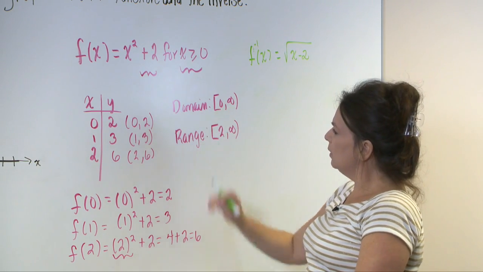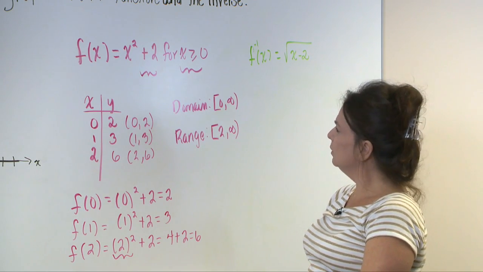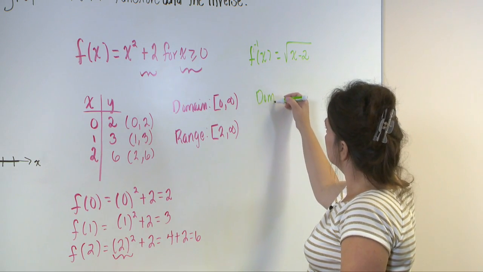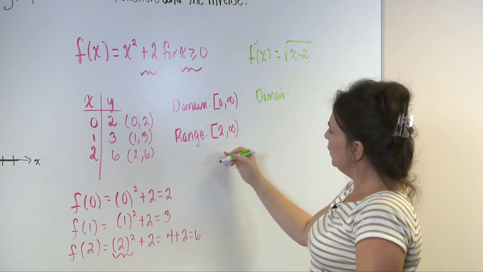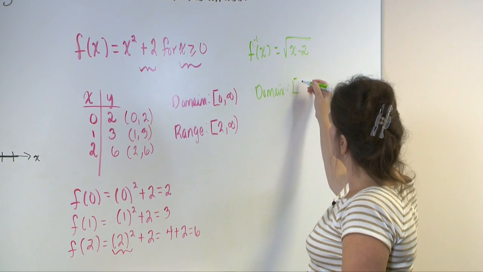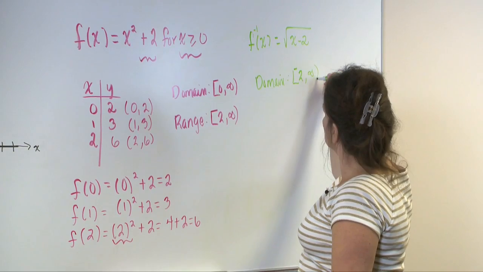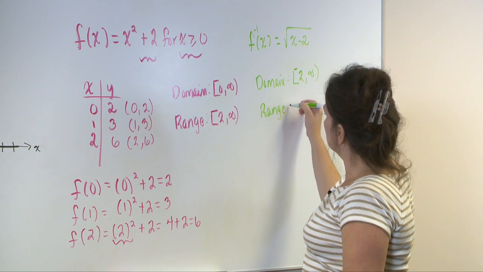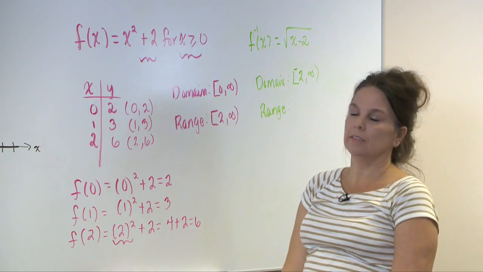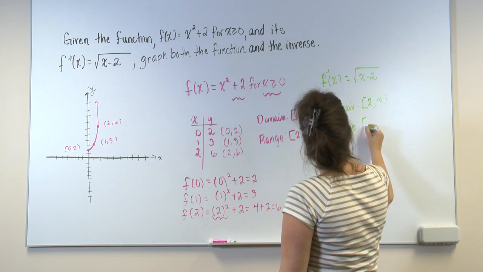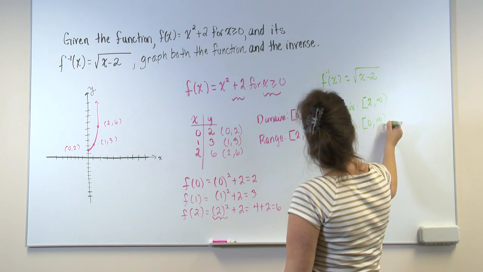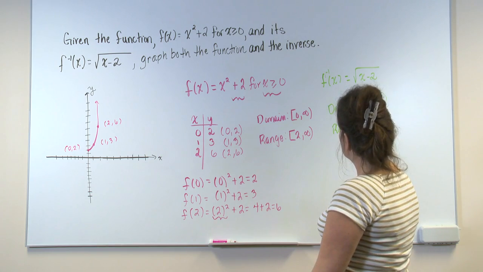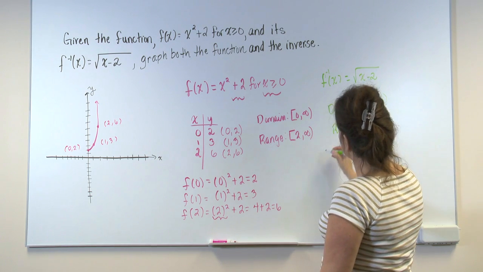So if I know the domain and range of the function, then for the inverse function, the domain will be the range that I had for the function. So the domain is 2 to infinity, and the range will be the domain that I had listed for the original function. So 0 to infinity.